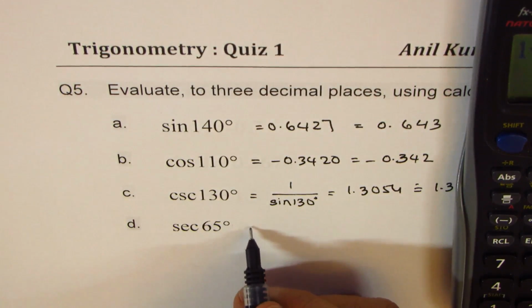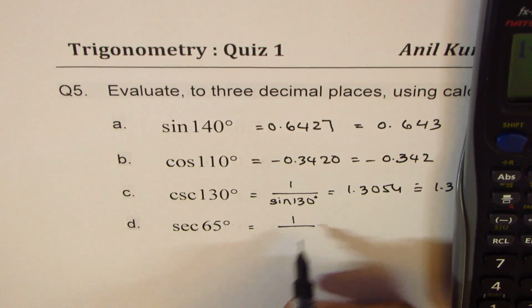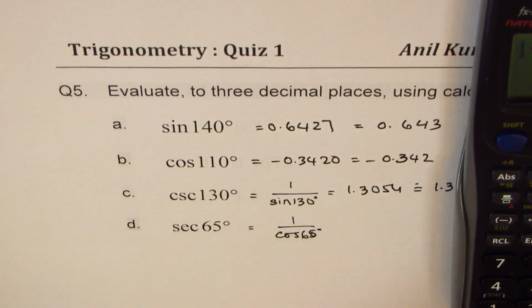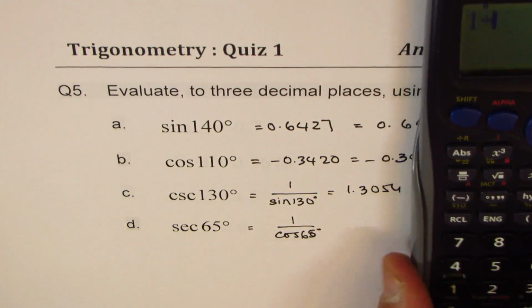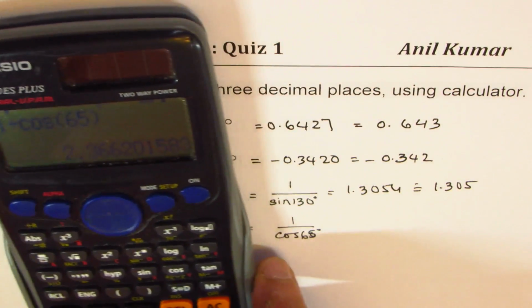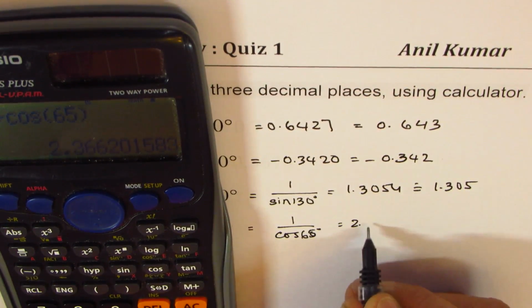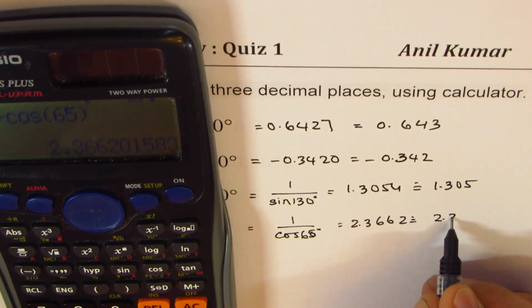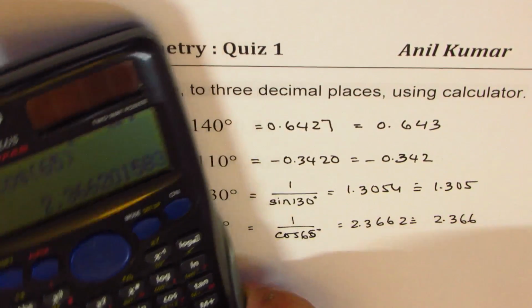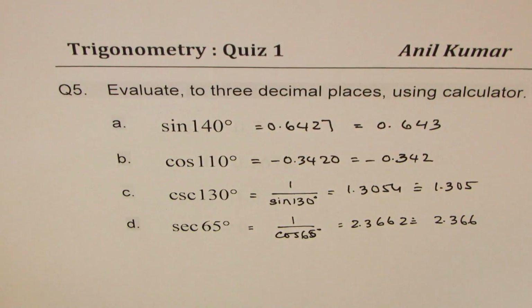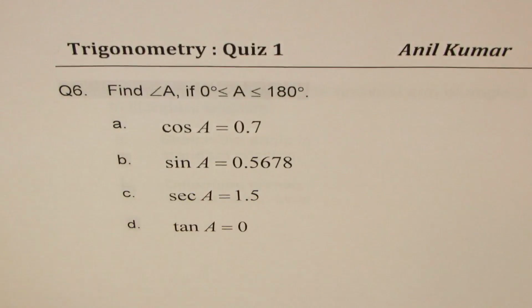Now the last one here is secant, which is the reciprocal of cosine, so it is 1 divided by cos of 65 degrees, and that is 2.366. So we'll round it to 2.366. So I hope the steps are clear. So here we have used reciprocal identities to calculate the value.